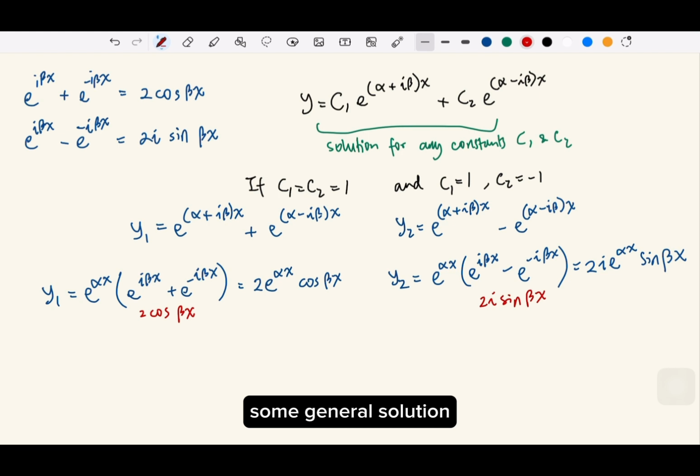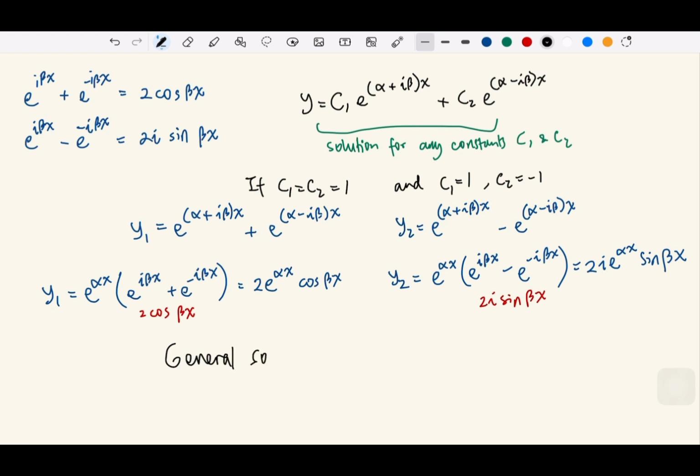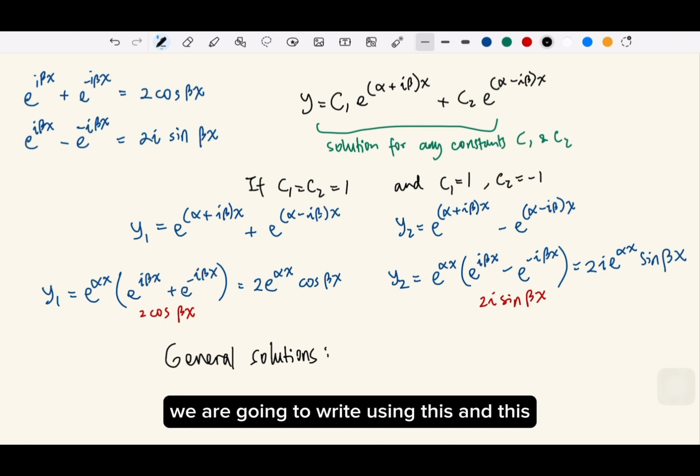So the general solution, we are going to write using this and this.